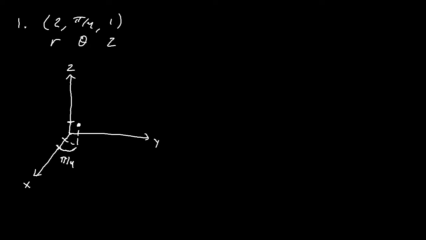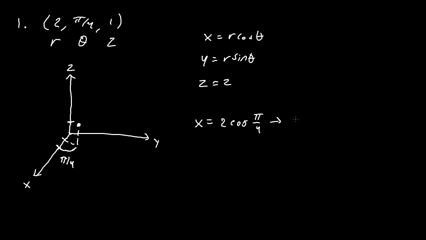So now let's convert these cylindrical coordinates into rectangular coordinates. Once again, x equals r cosine theta, y equals r sine of theta, and z is still z. So x is r, which is 2, times cosine of theta, which is pi over 4. Cosine of pi over 4 is square root of 2 over 2. So we get 2 times square root of 2 over 2.